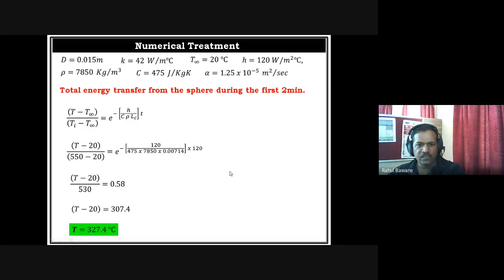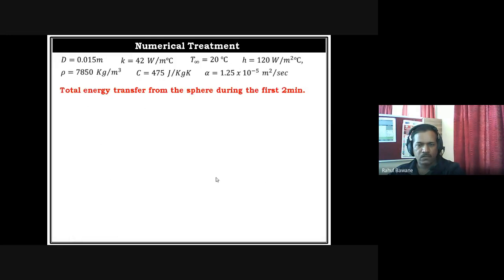So this is the temperature of the sphere, which is initially at 550 degrees centigrade, but after 2 minutes it is reduced to 327.4 degrees centigrade. Now the total heat transfer: we know the basic equation, m Cp delta T. So what is m?